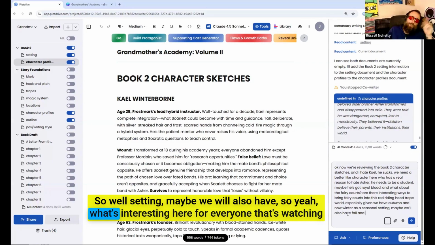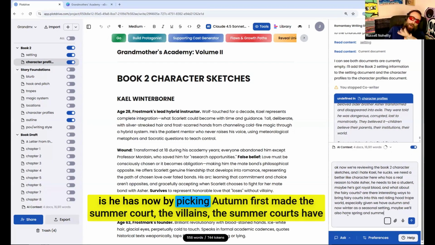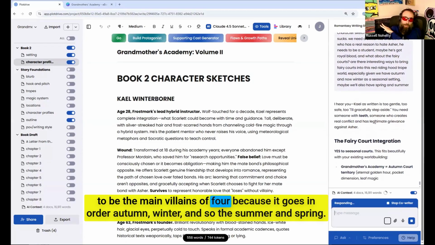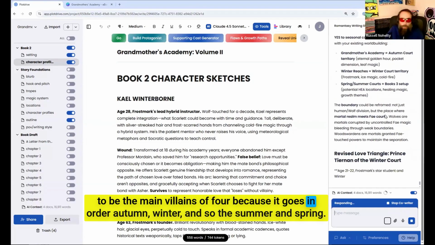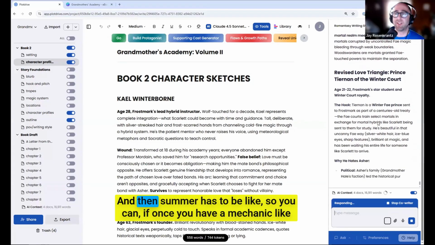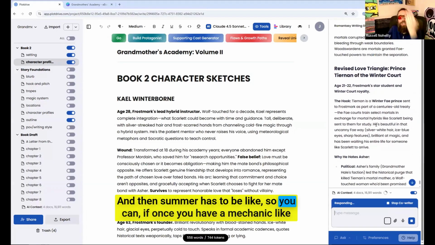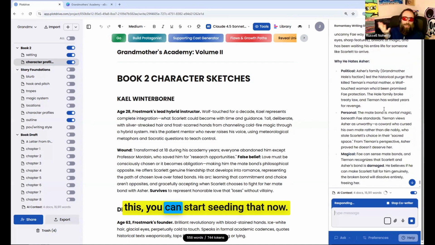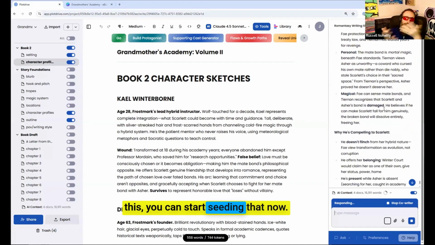What's interesting here for everyone that's watching is he has now, by picking Autumn first, made the Summer Court the villains. The Summer Court has to be the main villain of book four because it goes in order: autumn, winter, then spring, and then summer. Once you have a mechanic like this, you can start seeding that now.